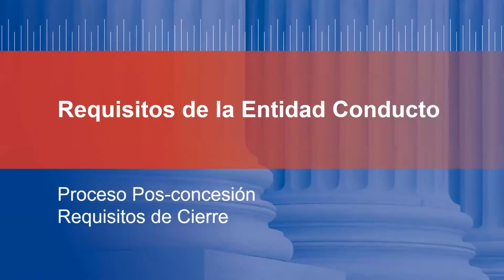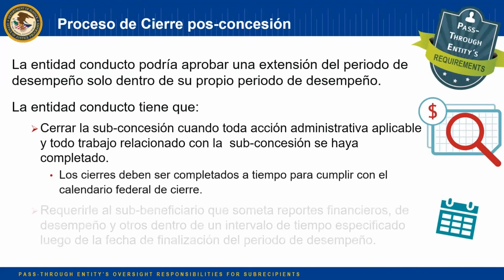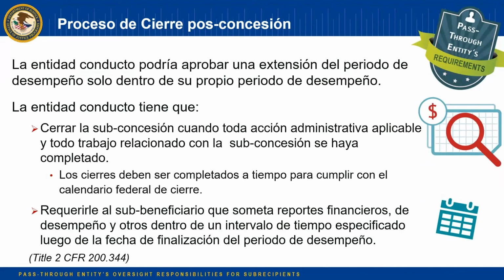So now let's talk about the closeout requirements. A pass-through entity may approve an extension of the performance period, but it needs to be within their own performance period. Sometimes, based on when a sub-recipient actually starts work, they may need more time in order to successfully implement that program.